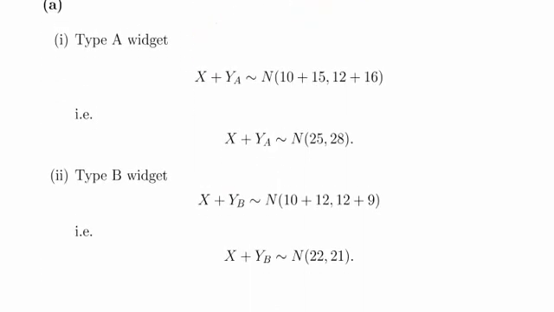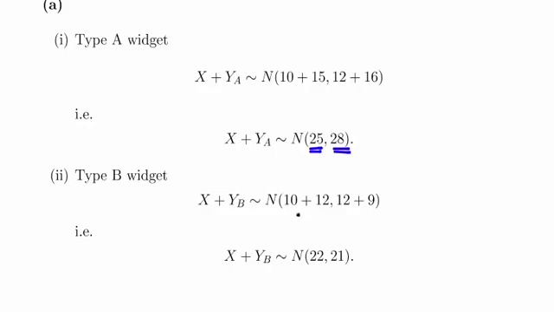Anyway, just using that, let's have a look at our answers. The time to complete a type A widget is the initial process X, which takes 10 minutes on average, and the special process for type A, which takes 15 minutes on average. We add the means and add the variances, so we have a mean of 25 minutes and a variance of 28 minutes squared.